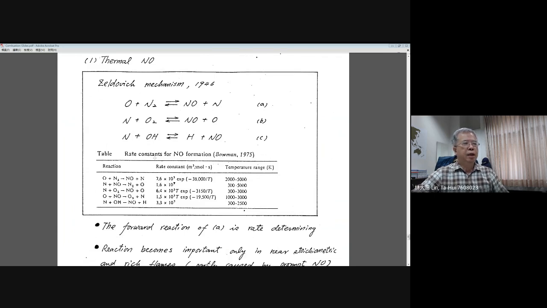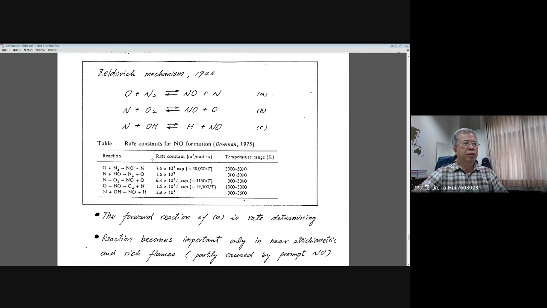They list the rate constant and the temperature range for the different chemical reactions. You will find the first formula: the oxygen atom reacts with nitrogen, forming NO plus N, the nitrogen atom.